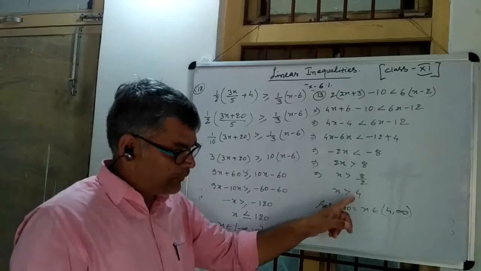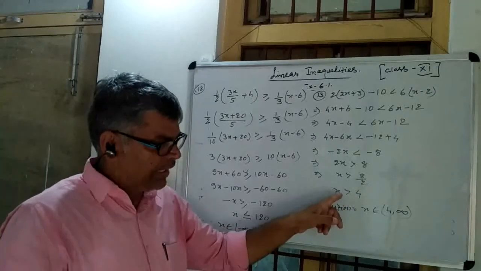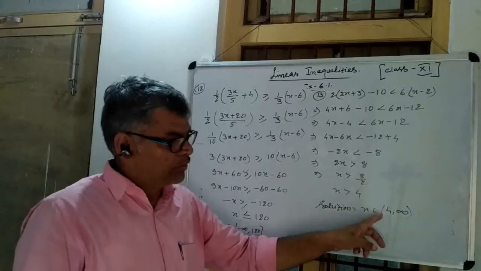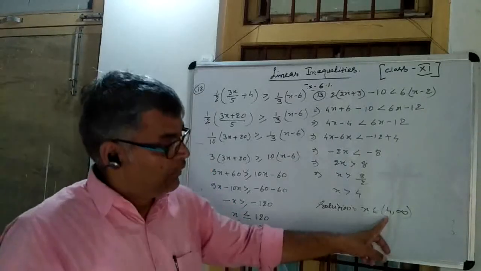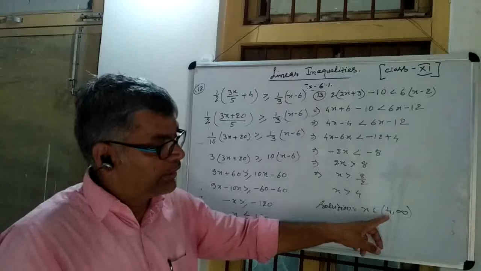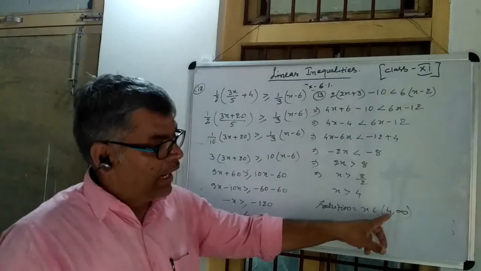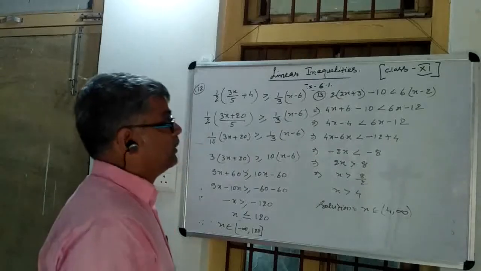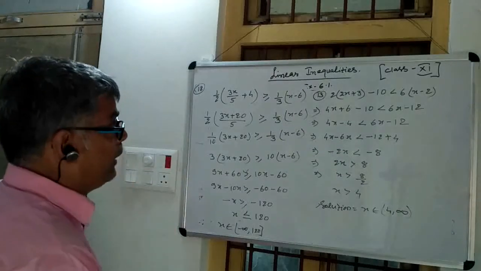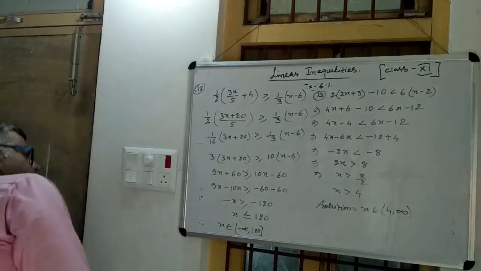So it starts from 5. x is greater than 4, so that's why I have given an open interval here. For that, 4 is not included in it, and the solution starts from 5 to infinity. So in this way you will solve this inequality.